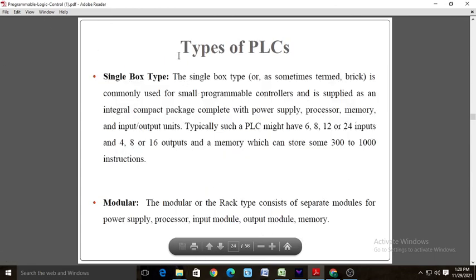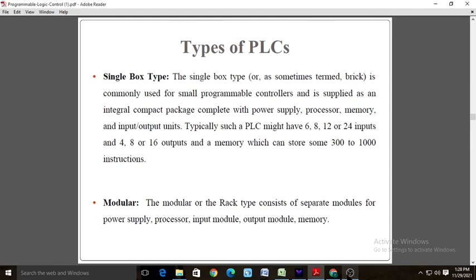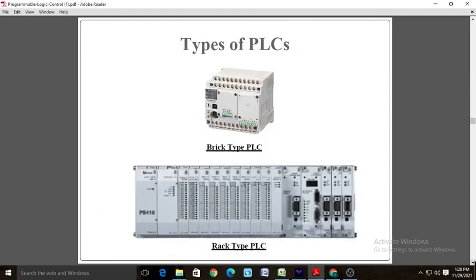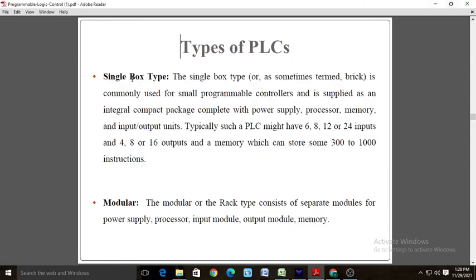Okay, so here are the types of PLC: single box type and modular type. The first type is the single box type PLC.